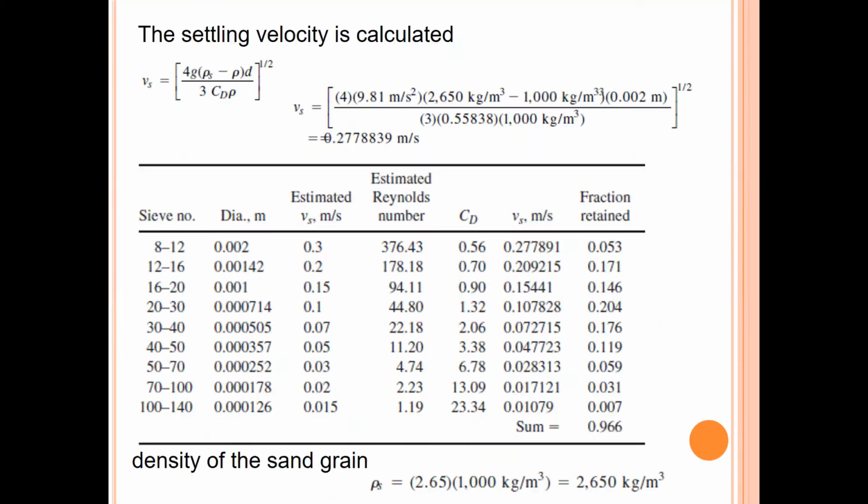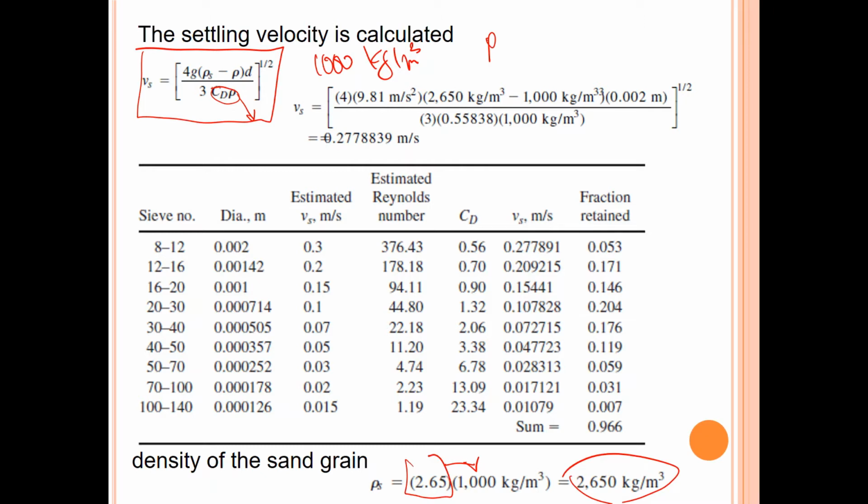So we found the drag coefficient. We can use this equation to estimate the settling velocity again. We know the drag coefficient, and the density of water is 1000 kg per meter cube. Because the specific gravity of the particle is 2.65, multiplying it with the density of water gives the density of the particle.